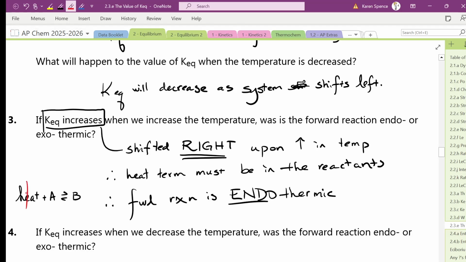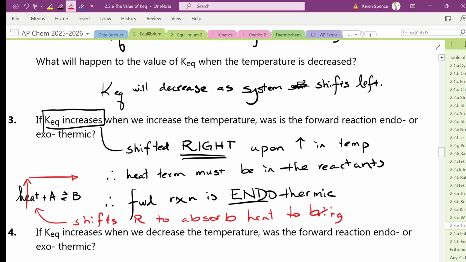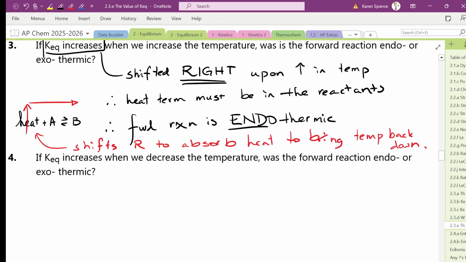Because if we increase temperature, it will shift to the right to absorb heat to bring the temperature back down. Okay, so I'm going to skip number 4 because it's basically the same. Feel free to do it and look it up in the answer key.